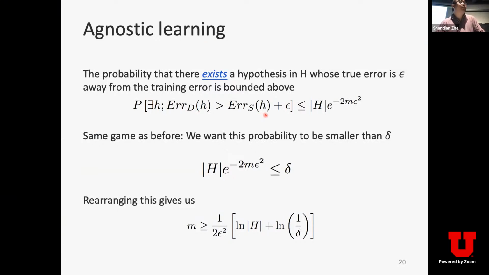Since we have a bound, we can control this probability. I want this probability to be smaller than some threshold, say delta. You can see the point. This is a bad event. I don't want my true error to be too far away from the training error. But this is a random event.